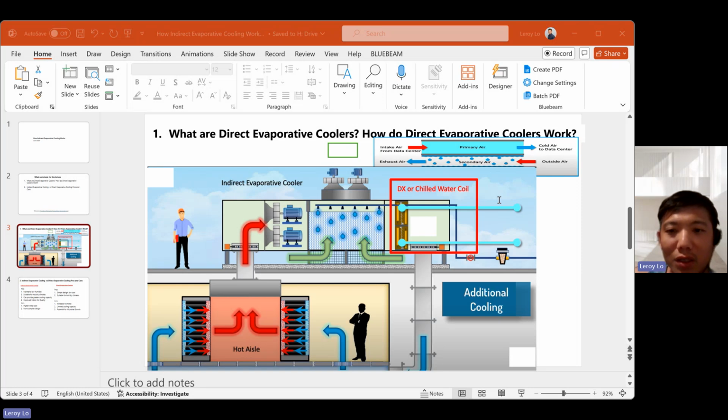You can see it here. This secondary cooling can be achieved by using a DX or chilled water coil.